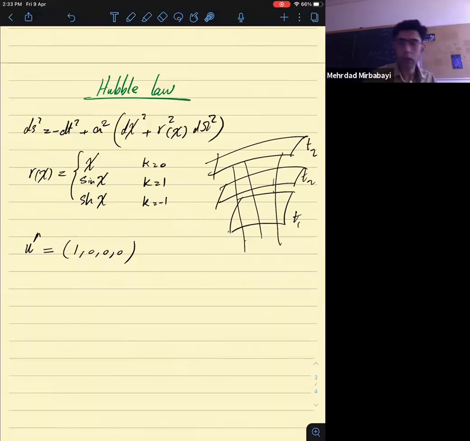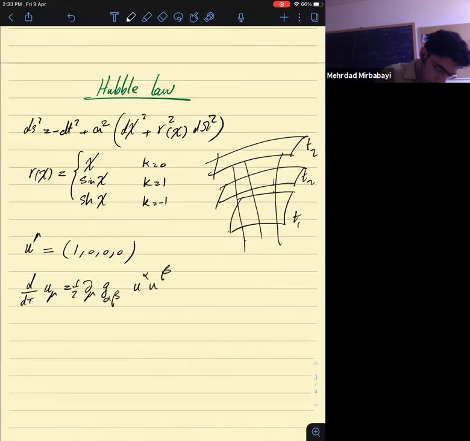Now the question is, are these geodesics? And the answer is also yes, these are geodesics. It's very easy to verify, because if I look at the geodesic equation, d u_mu by d tau equals 1/2 d_mu g_alpha beta u^alpha u^beta. Since only the 0th component, the t component, of u is non-zero, and since the tt component of the metric is a constant, the right-hand side is 0.